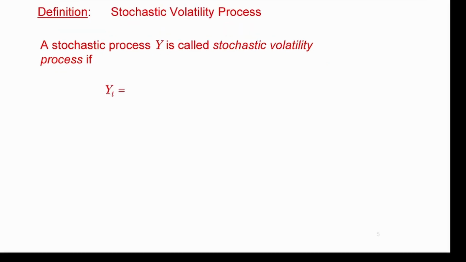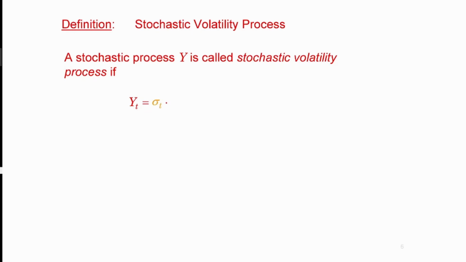I was not able to create a different name for that which sounded plausible. So a process is called a stochastic volatility process if it satisfies the following properties. Let's look at the structure. You have sigma, which is the standard deviation of some noise.